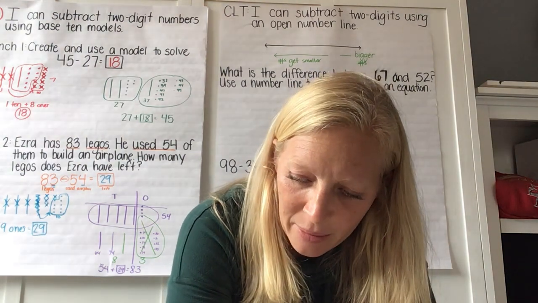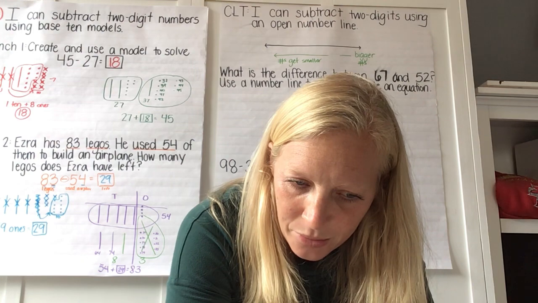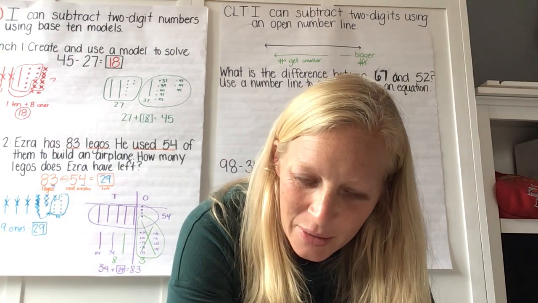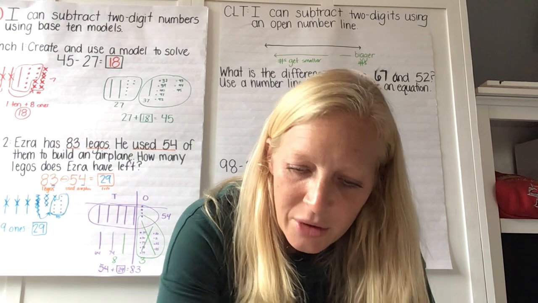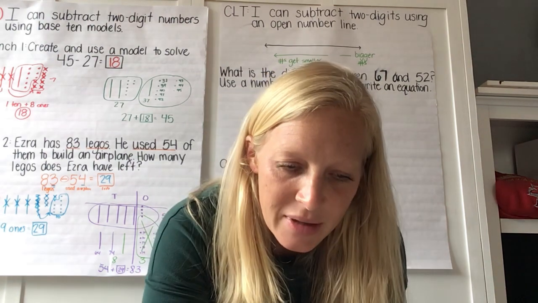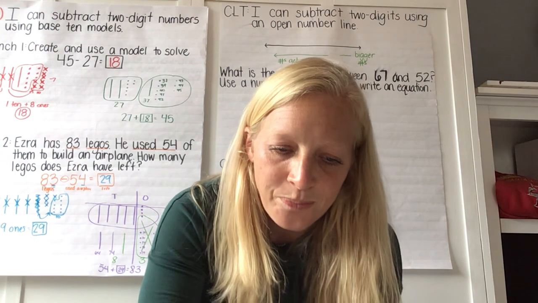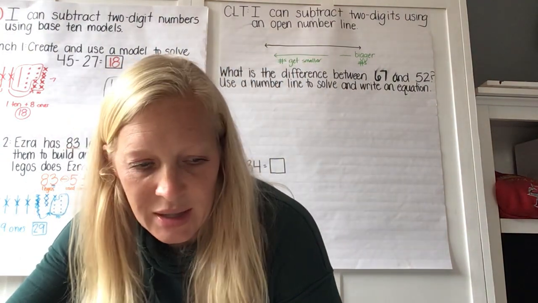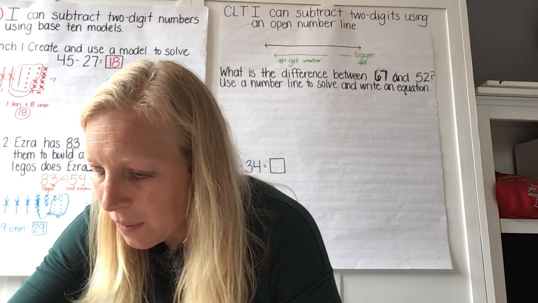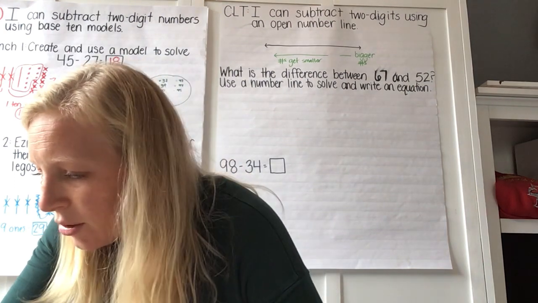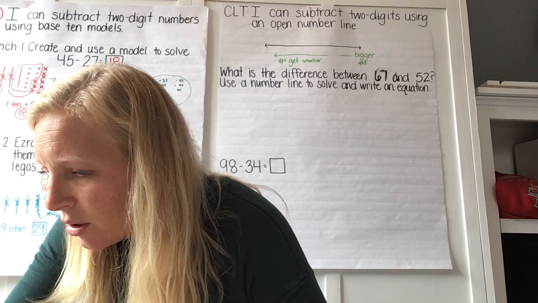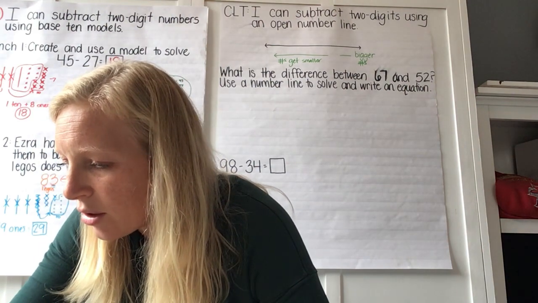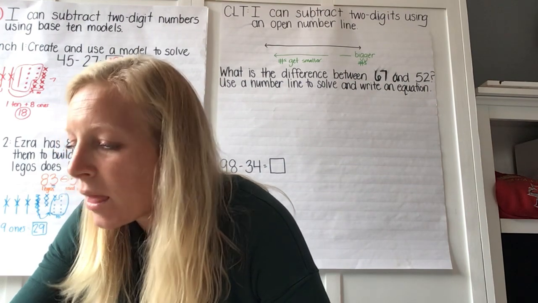So are you going to go to bigger numbers or smaller numbers? And how much bigger are you going to go? Well, you're going to stop at that number. You're going to stop at the 67. Where is your 67 in your work? Where's your 52? So what is your difference on your number line?